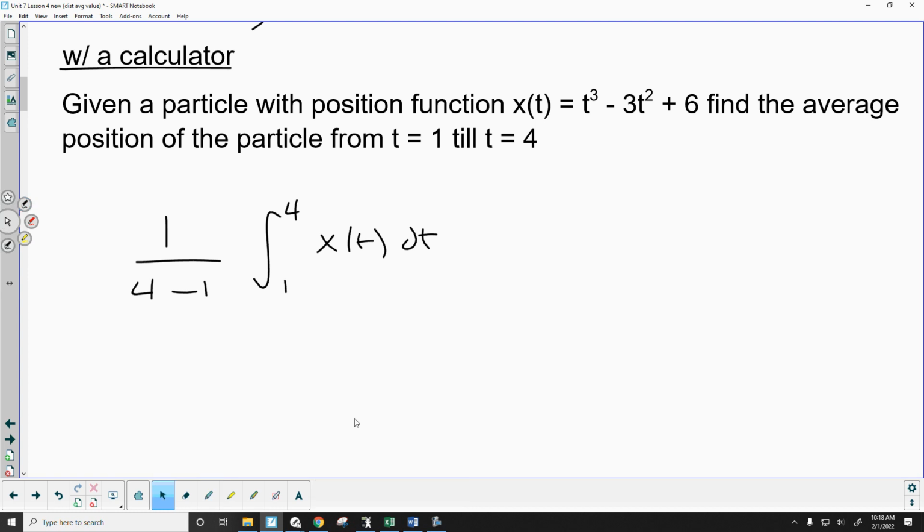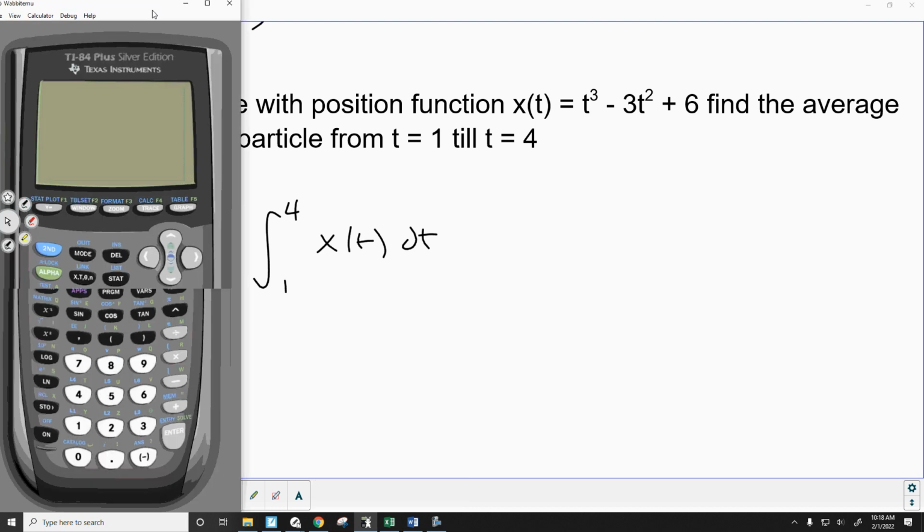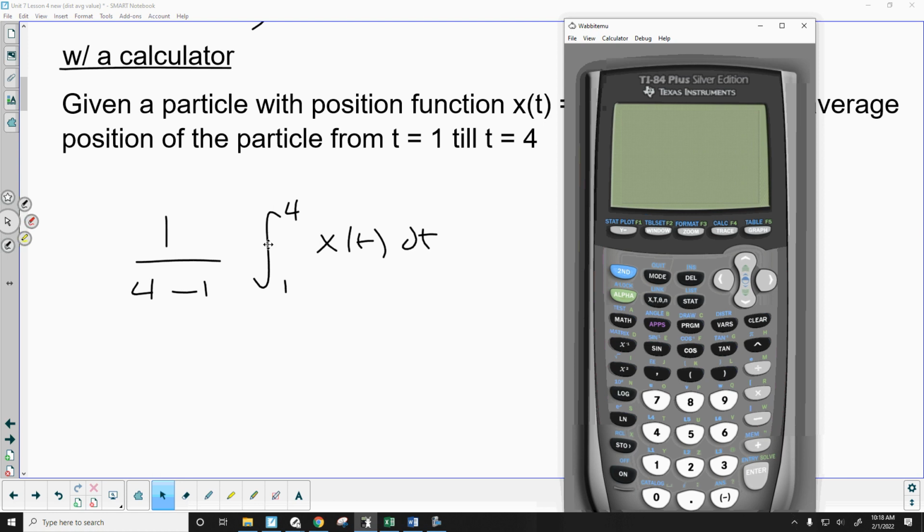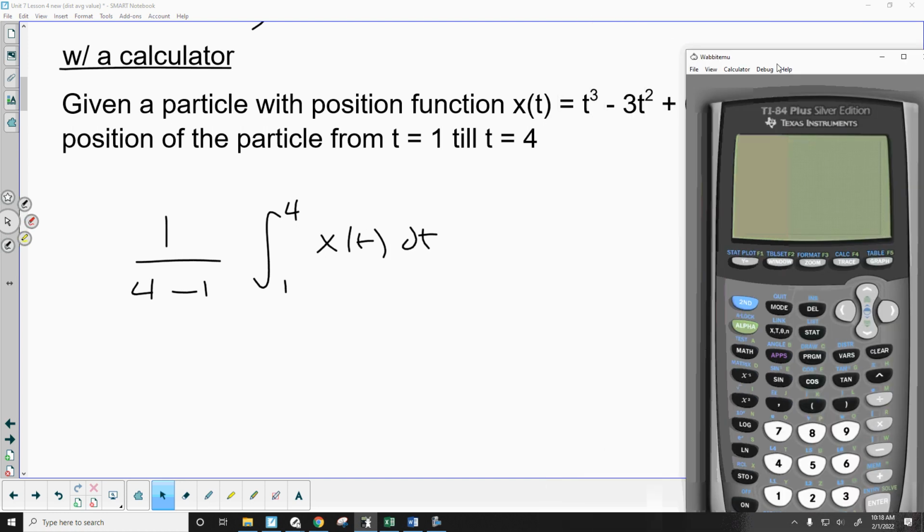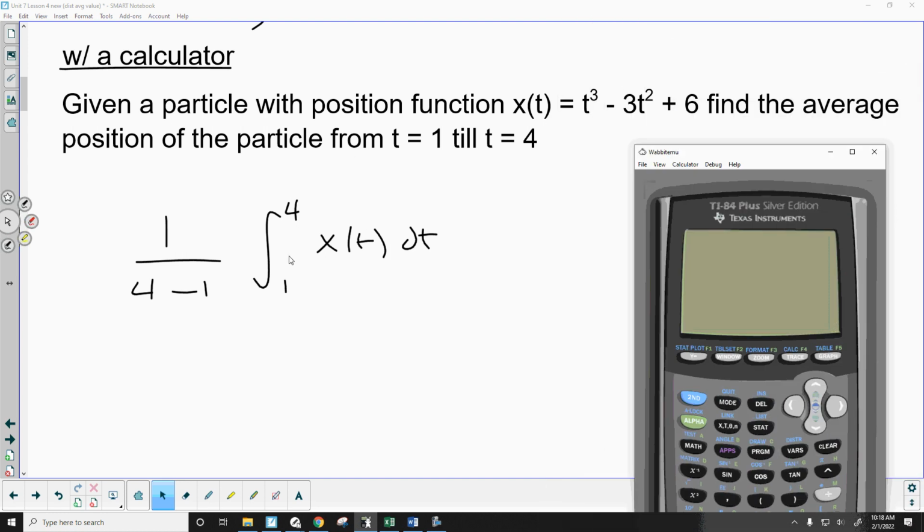You do it, I'll do it. Now, to you, this means take the antiderivative. To your calculator, it means accumulate. A lot of people see X, and they feel like, oh, I need to take the antiderivative. No, you plug in X where you see it. If you were to do this question without a calculator, you would have to take the antiderivative.